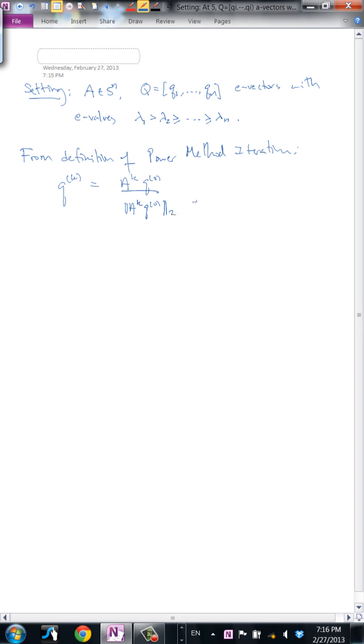So, going towards the first part of what the theorem promises us, what is sine theta k squared? Well, this is just by definition of sine. This is equal to 1 minus the inner product of q1 and q of k, squared. And so this is just the Pythagorean theorem.